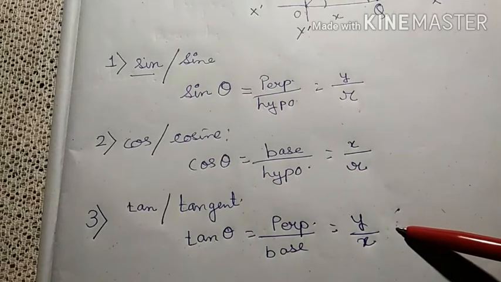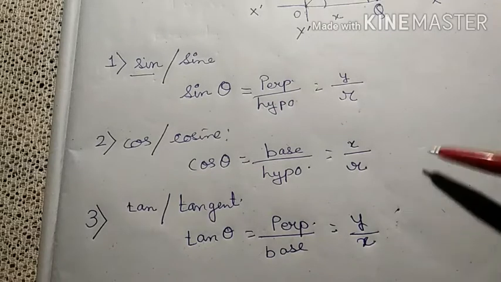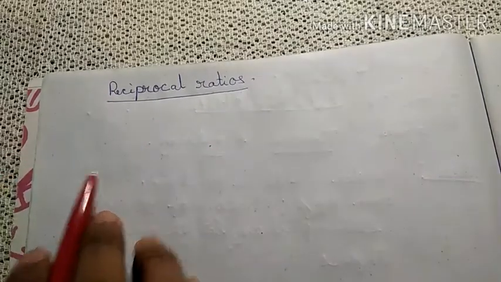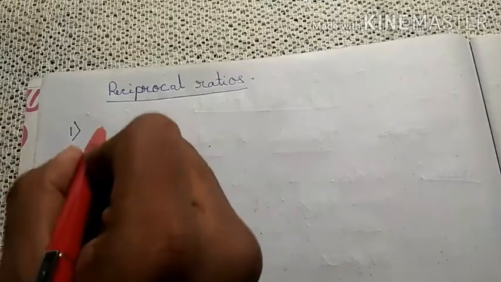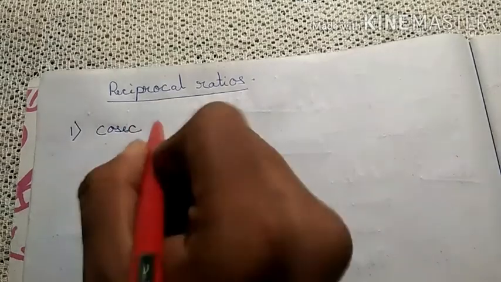Now we will move on to the next part, that is the reciprocals of these ratios. The three reciprocal ratios of sine, cos, and tan. The reciprocal of sine, the reciprocal of cos, and the reciprocal of tan. So basically the number one reciprocal, that is the reciprocal of sine, is cosec.